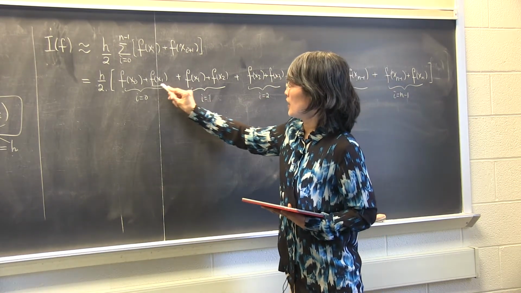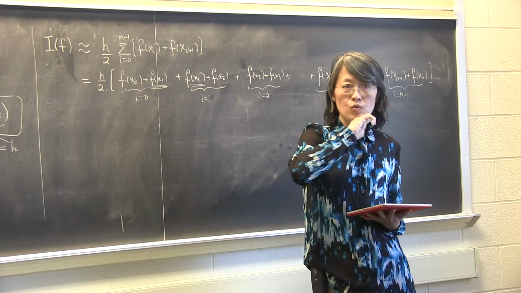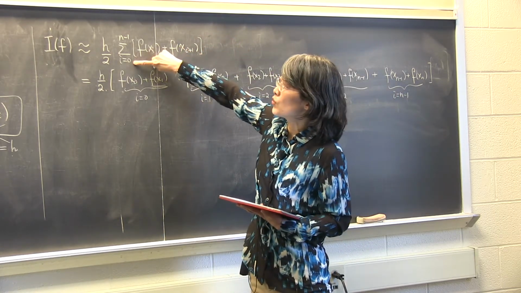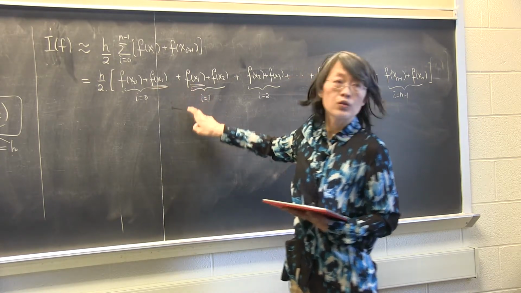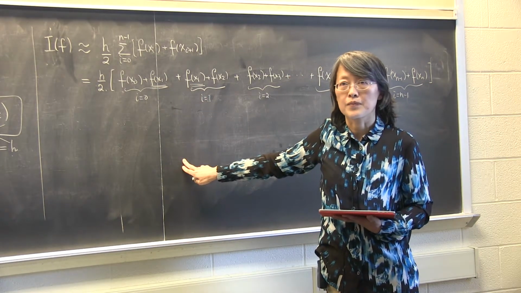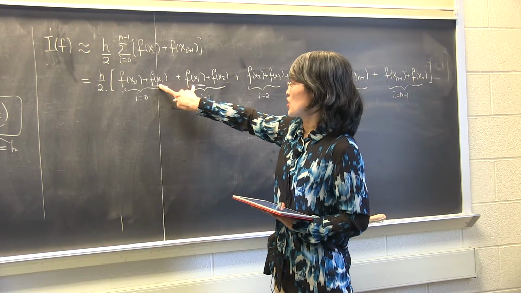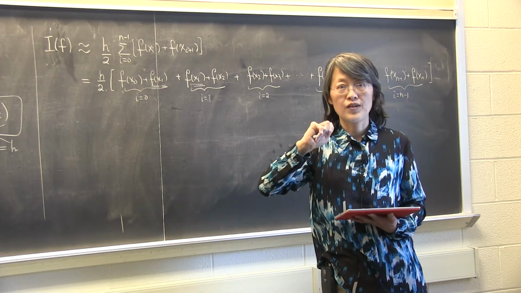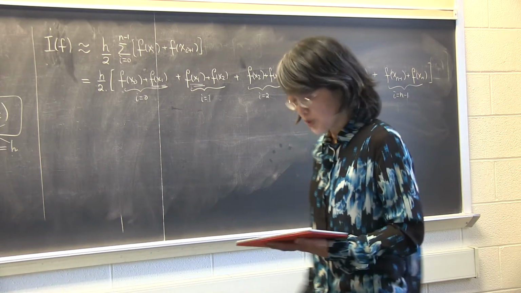Say here, f at x1 appears twice. So if you stick to this formula and simply write a for loop for this, you end up evaluating f at x1 twice. Wastes a lot of time. You see? You could just combine them and multiply this by 2 to save. All right? So that's why we listed it out, just to see these multiple ones.